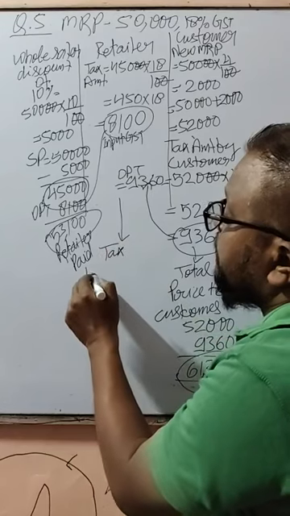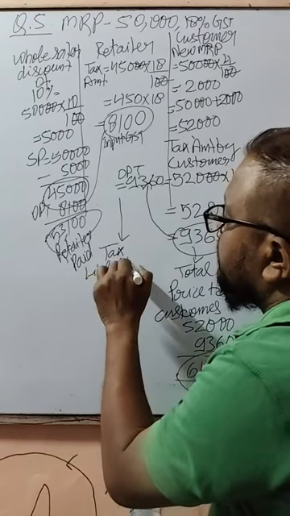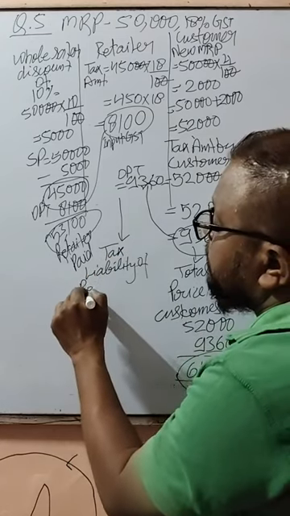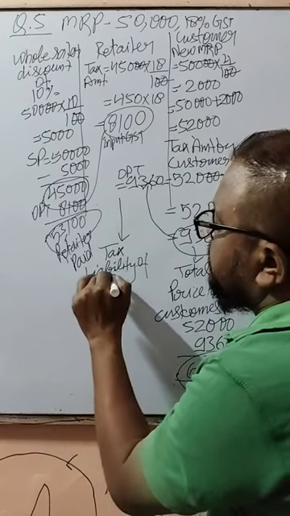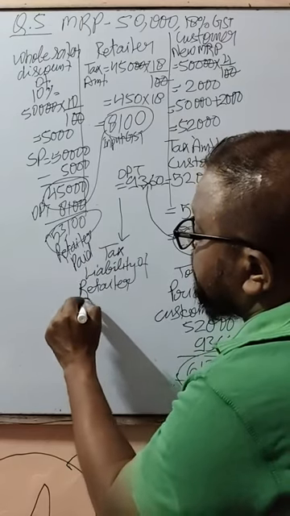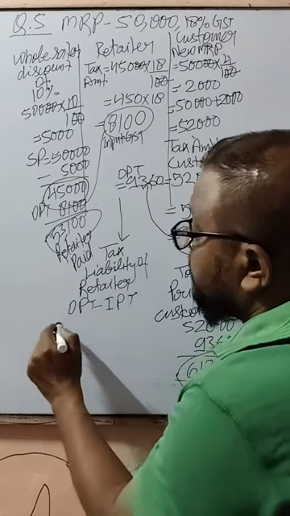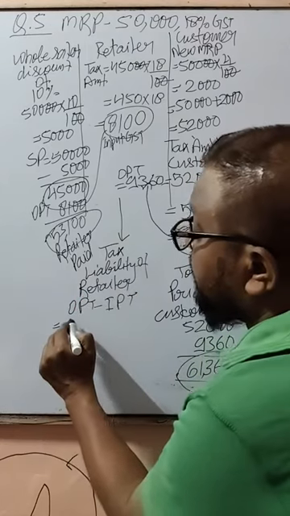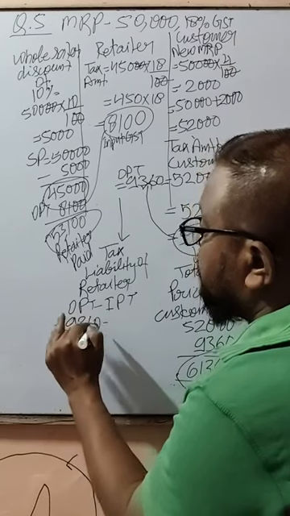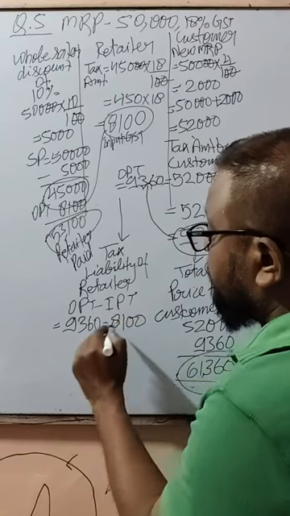Tax liability of the retailer, that is output tax minus input tax, that is equal to 9,360 minus 8,100, right?